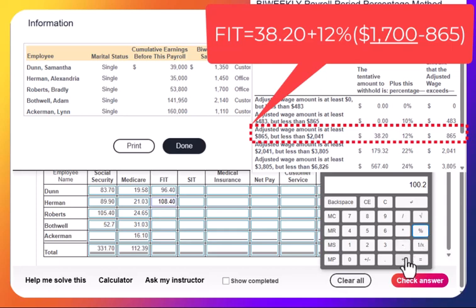For $100.02. I'm going to go ahead and clear this out here and add it manually because after hitting the percent key, for some reason here in my accounting lab, it does give you a funky number. So 38.20 added, so 138.22 for Roberts' federal income tax.